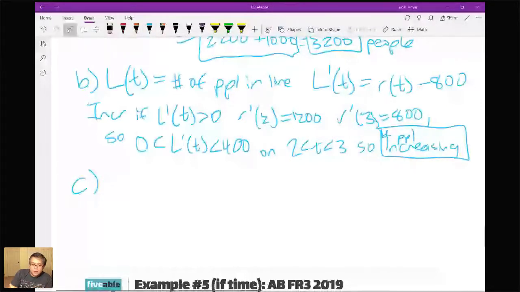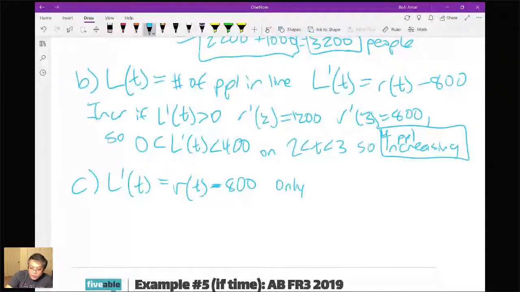Basically I need the absolute maximum number of people in line, right? And so L prime of t is R of t minus 800 minus 400. There's only one critical number for L, and that is when L prime of 3 is equal to 0.